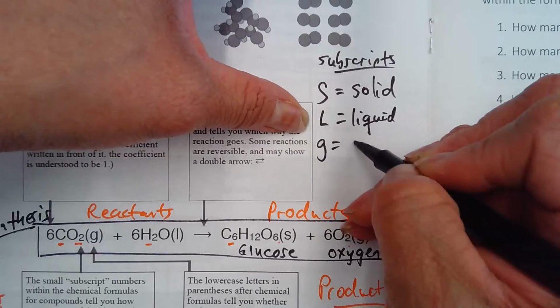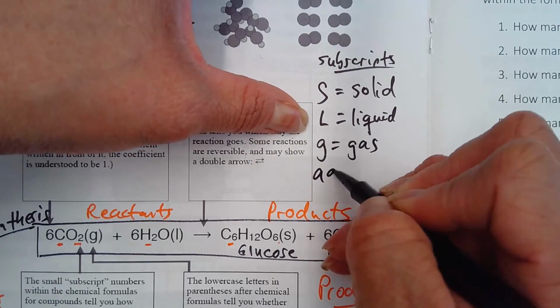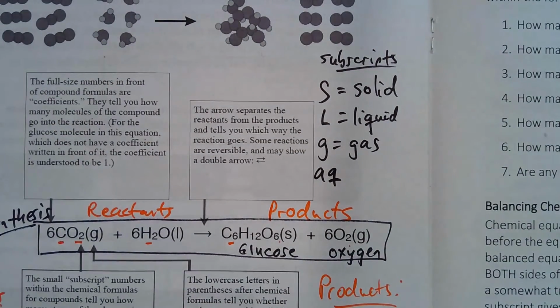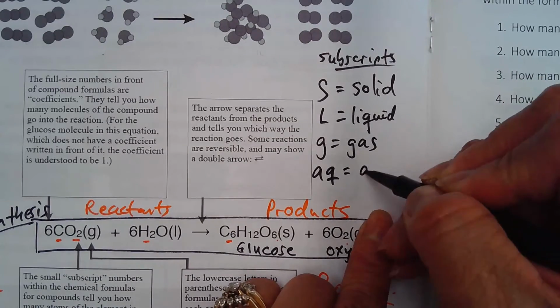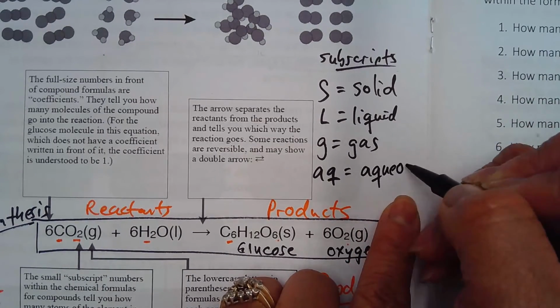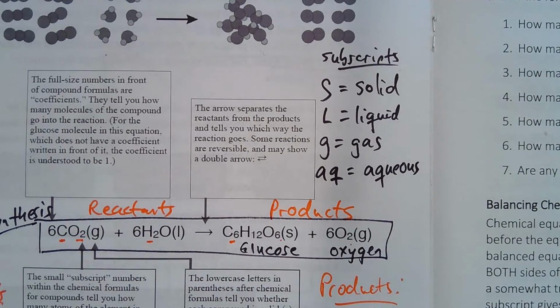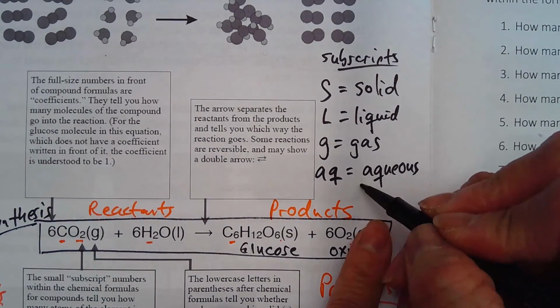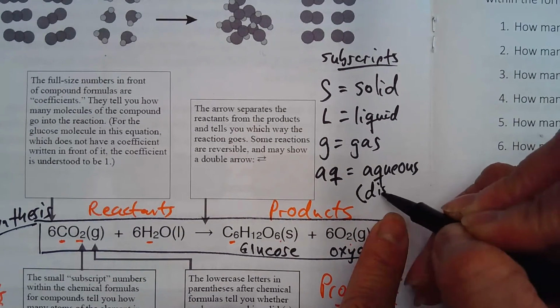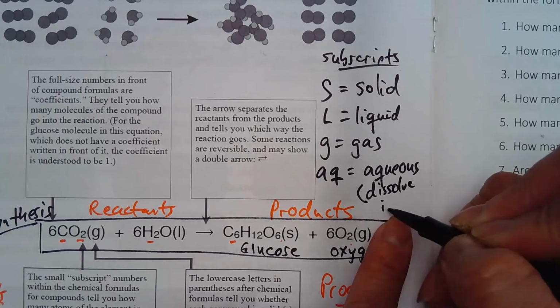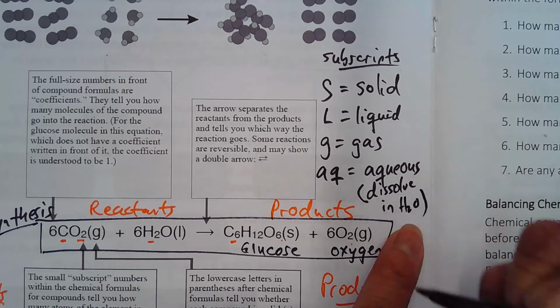And G is gas. And you don't have it here, not in this equation, but AQ means aqueous. Now you go, what in the world is the difference between aqueous and liquid? Aqueous means it's dissolved in water.